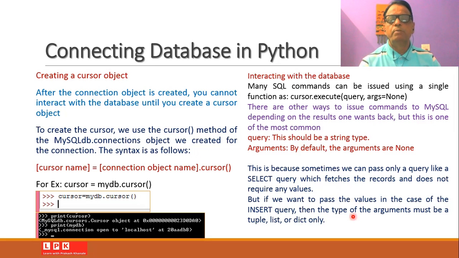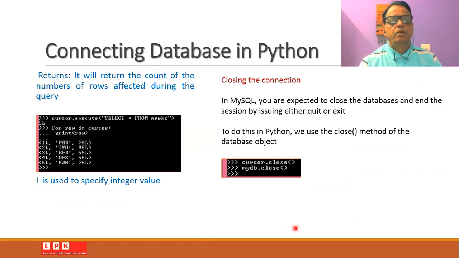So in Python, you can make use of arguments, either a tuple or a list or a dictionary. But if there are no arguments used, then in that case, you can pass arguments is equal to none. And this function will return us the count of the number of rows that are affected during the query.